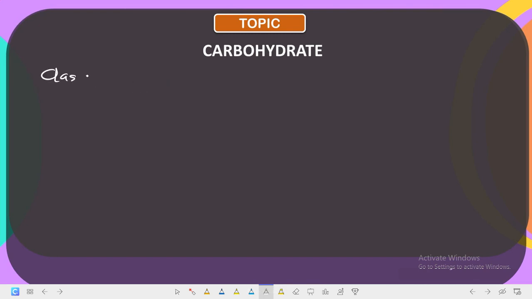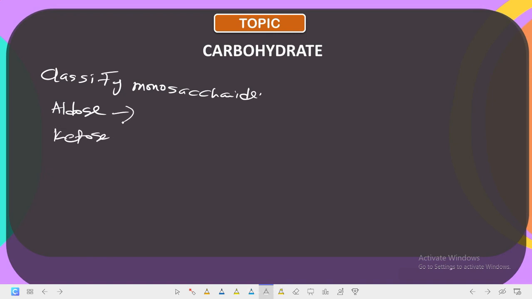You use the classification of carbohydrates to classify monosaccharide. You say monosaccharides are classified into 2 according to functional group. Here you have aldose and ketose. Aldose is when it has the aldehyde functional group, and ketose when it has the ketone functional group. So that is one of the classifications.